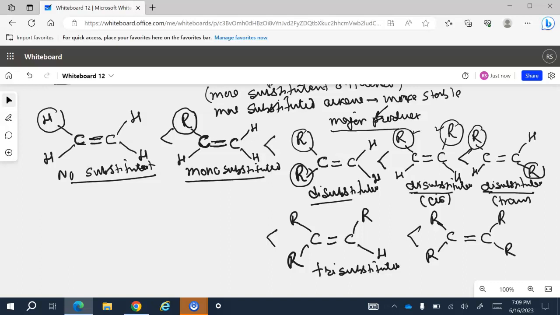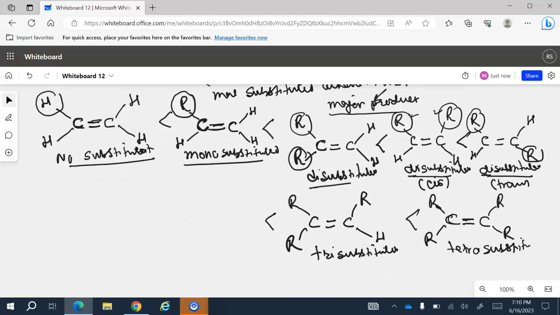It can be the same or different. That means the alkene with four alkyl substituents is more stable than tri. Tri is better than di, is better than mono, and then no substituents. So that is how we decide the stability of the alkene.